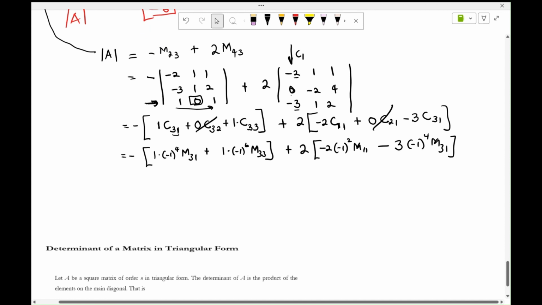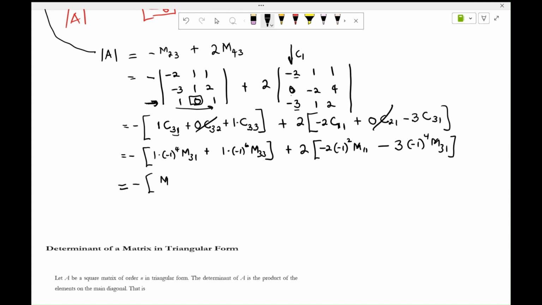All right, so we are going to have just M31 plus M33 plus twice of minus 2 M11 minus 3 M31. This is what we have.